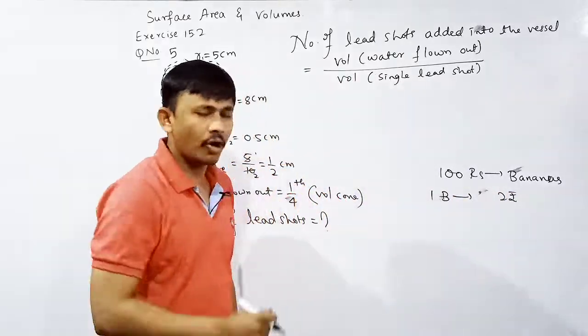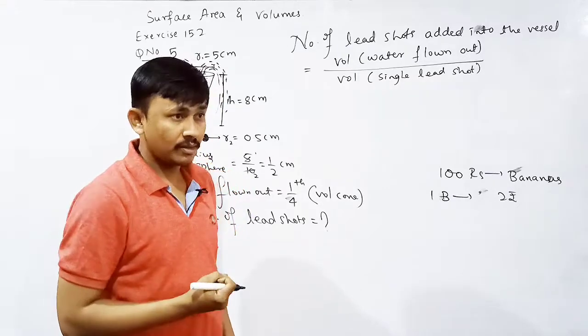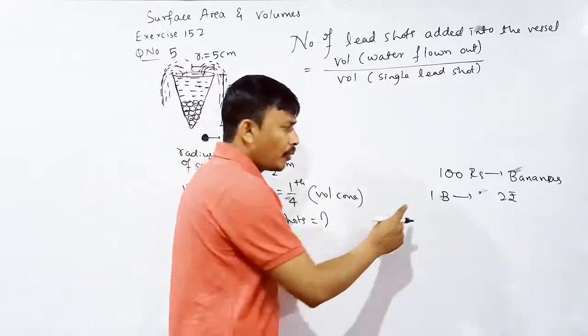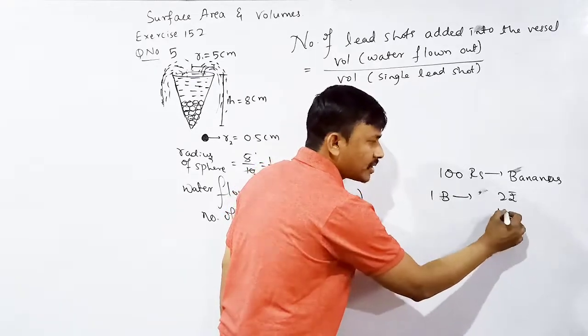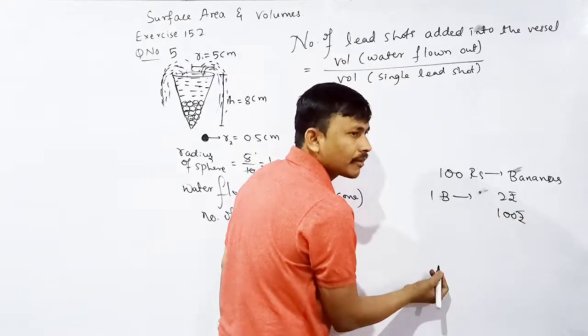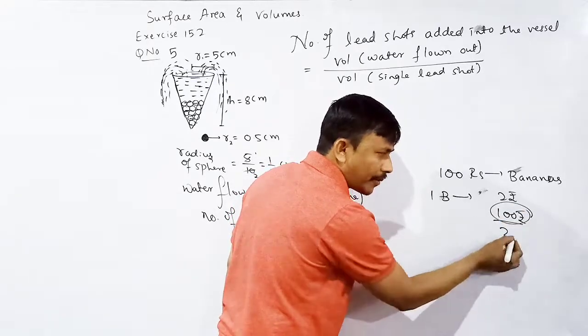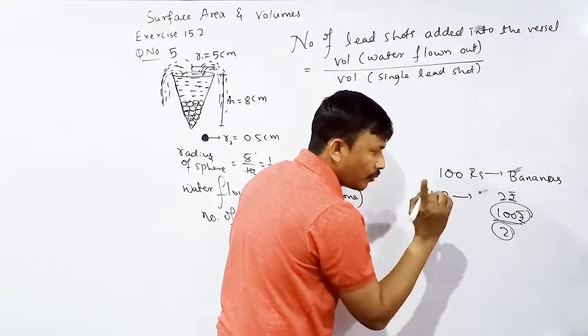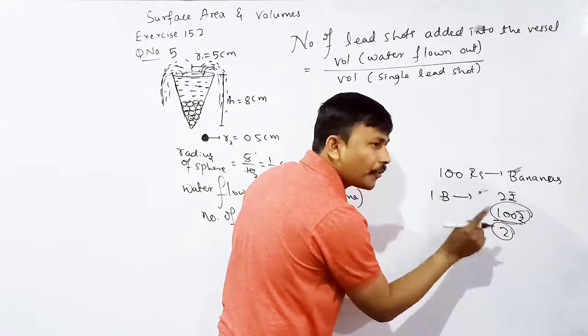Then how many bananas will you buy? 50. Yes or no? One banana is equal to 2 rupees. 100 rupees is equal to how many bananas? 50. That means 100 divided by 2. Total amount divided by the amount of one banana.